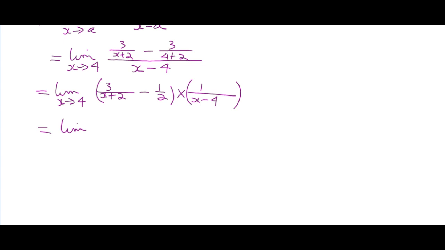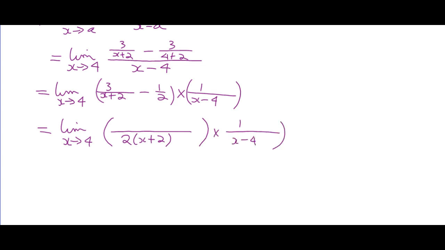All right, the limit as x approaches 4. How much detail do you need for simplifying this? So much detail. Okay, what's our common denominator? 2 times x plus 2. Need one of these, need one of these. So let's write it 2 times x plus 2.